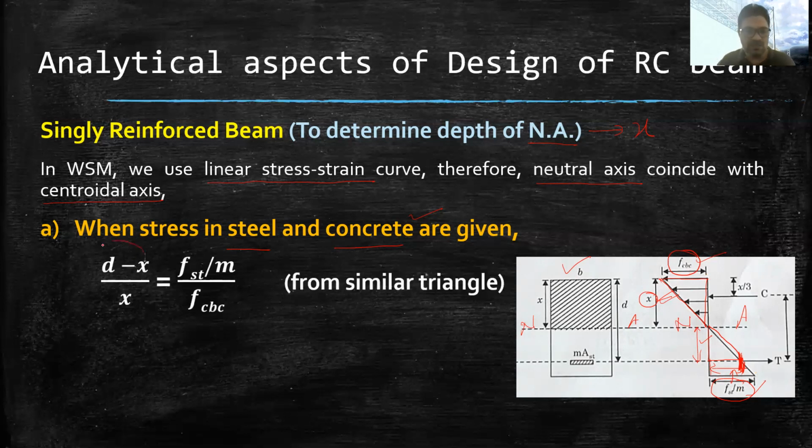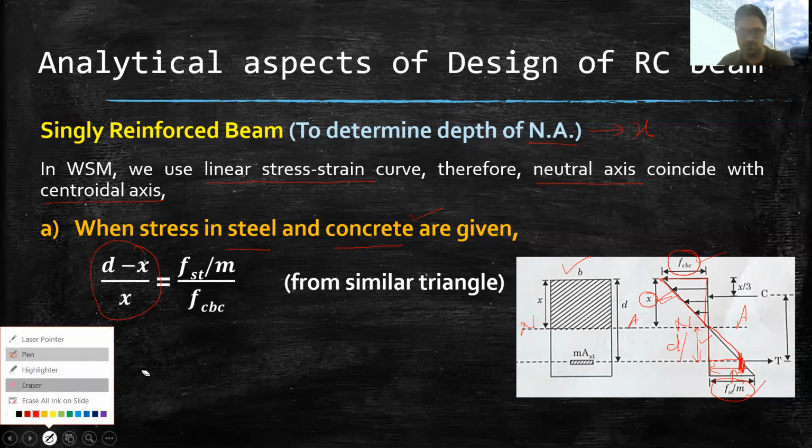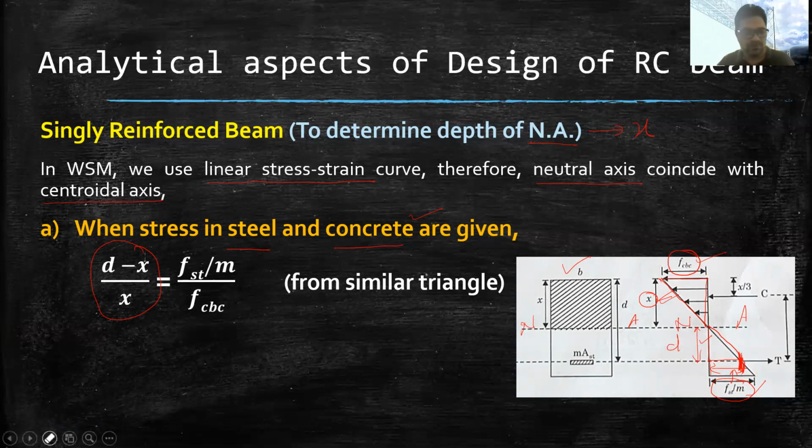Now in the first term, you can see the ratio. This is d minus x and the above part is x. So d minus x by x is one ratio, and this ratio will be equal to fst by m upon fcbc. So d minus x by x is equal to fst by m by fcbc.